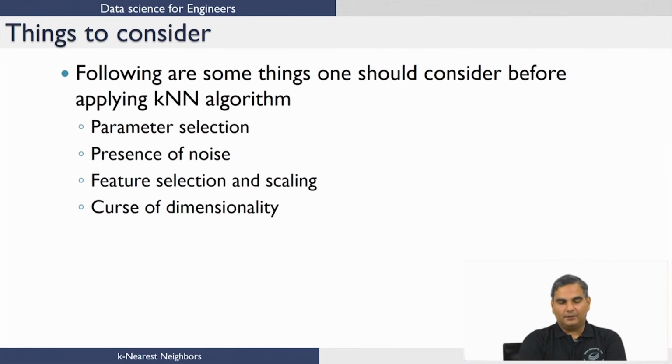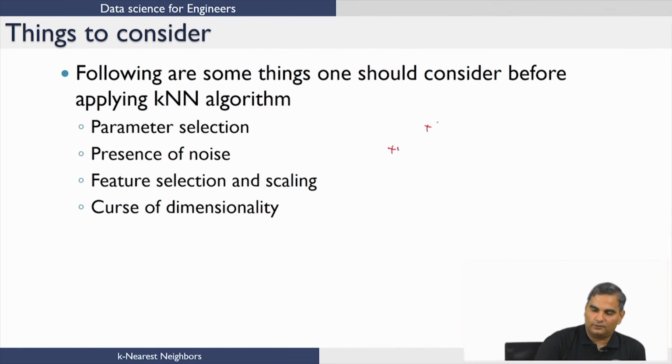The other thing to keep in mind when using kNN is that when you compute a distance between 2 data points x1 and x2, and let us say there are n components in these, the distance metric will take all of these components into picture. Since we are comparing distance, every attribute for this data point and this data point is being compared.